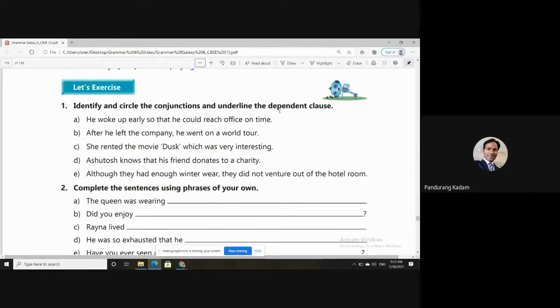The word which here in the sentence is the conjunction. She rented the movie Dusk is the main clause, and which was very interesting is the subordinate clause. Very good. Sentence D.